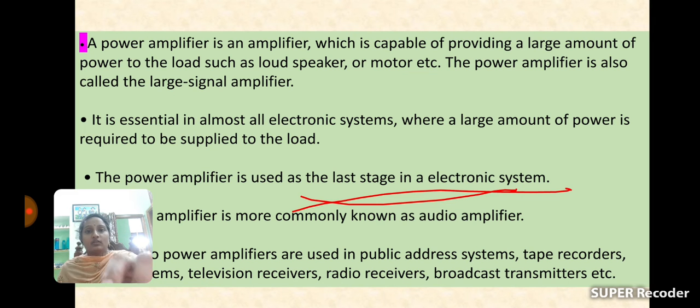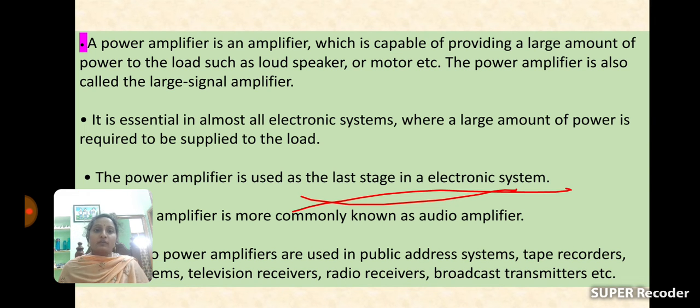So what is meant by power amplifier? It is a circuit used to increase the strength of a signal at the power level only. It is essential in almost all electronic systems where a large amount of power is required to supply the load. Power amplifiers are used in the last stage of electronic systems, and they are more commonly known as audio amplifiers.